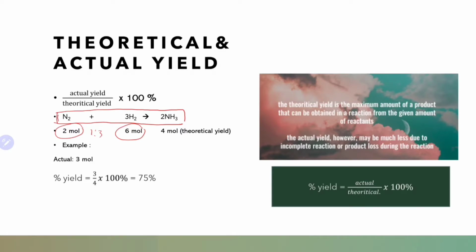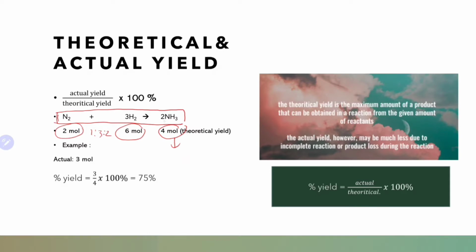In this case, the maximum yield of ammonia is 4 because the ratio is 1 to 3 to 2. So 2, 6, and 4. Or we can calculate the number of ammonia which is produced from 2 mole of N2.